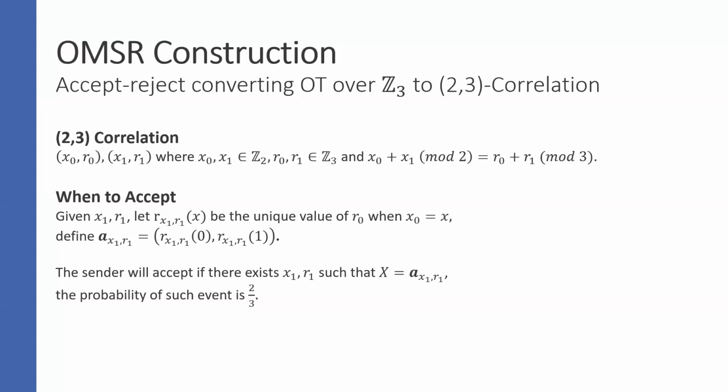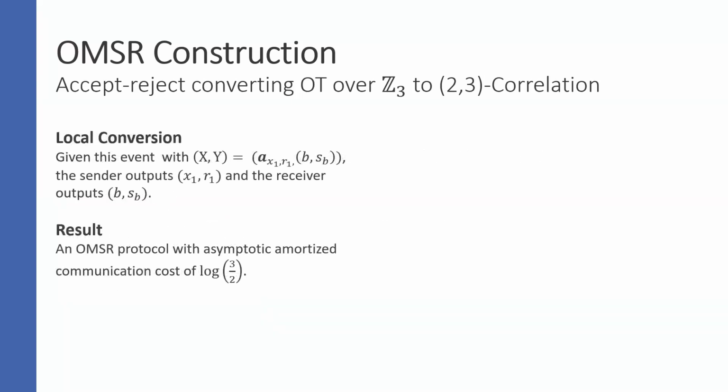To force this to happen, the sender will accept if his secrets are the vector A for some x1 r1. And this happens with probability one over the two firsts. And what would be the local conversion? Given the event happens, the sender will output x1 r1, and the receiver will simply output the index. This results in an OMSR protocol with an asymptotic amortized communication cost of log 3 over 2.